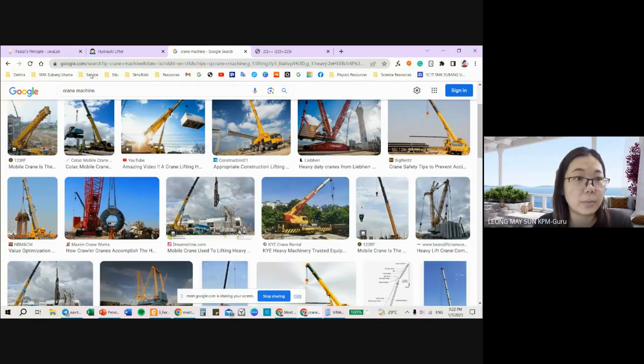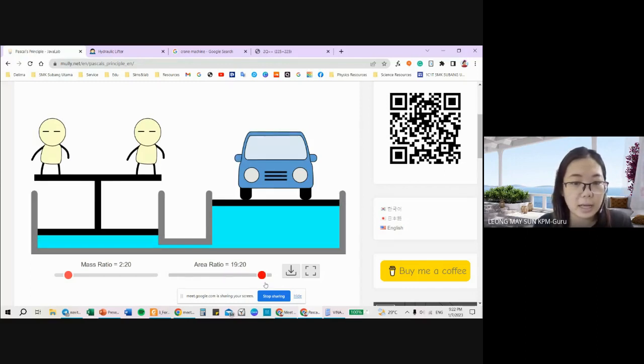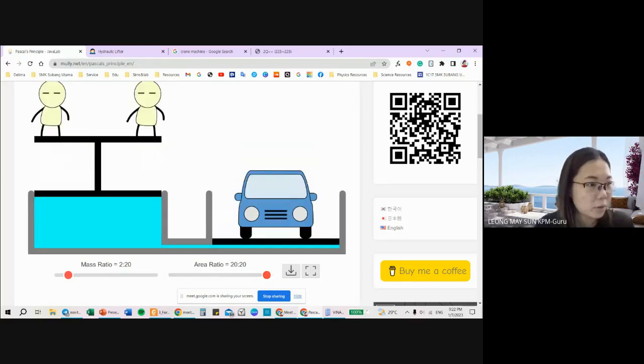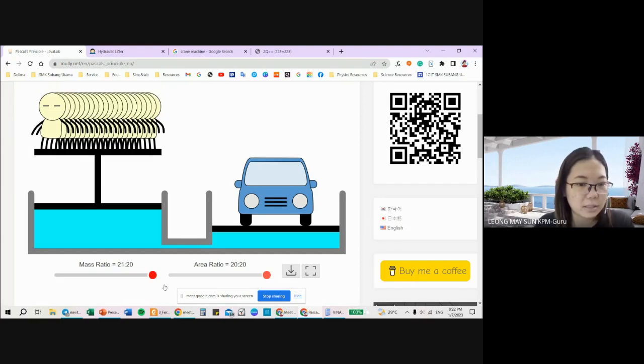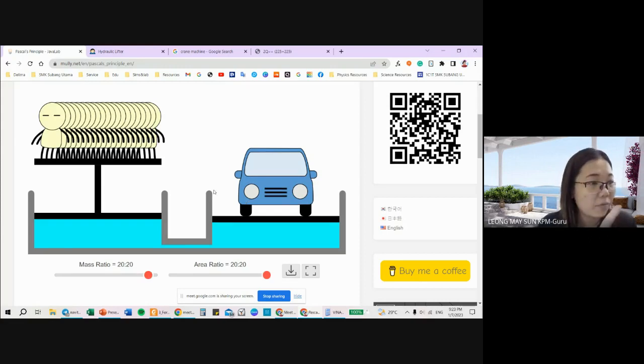I know some of you won't be able to brain that, so I'm going to use this ratio. So let's just say I take this 20-20 ratio. The force multiplication here, A2 and A1 has the same size. So even if I were to increase, let's just say 20 people, then only I can balance them off.